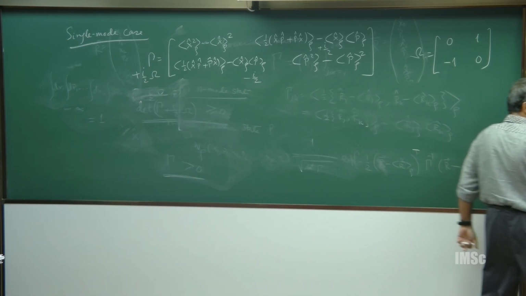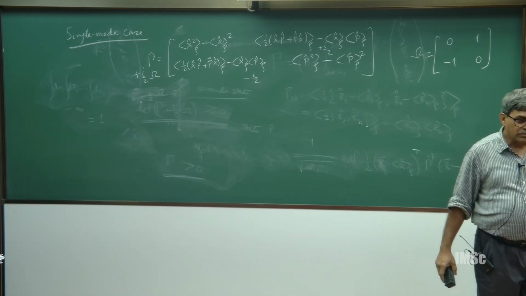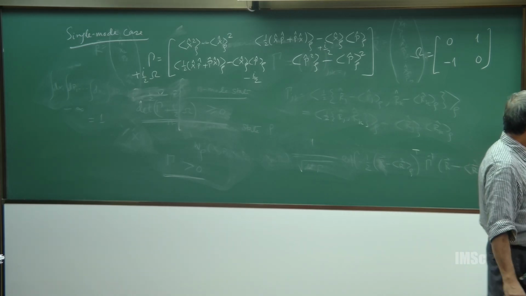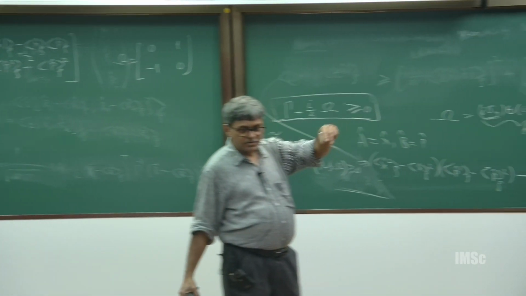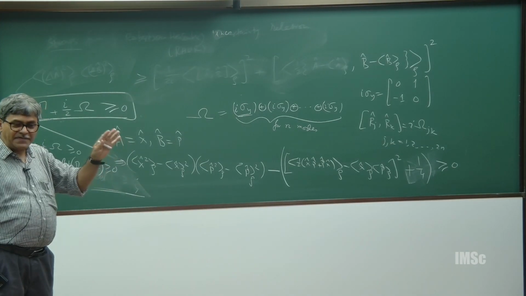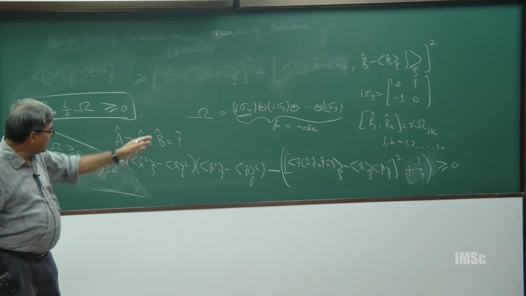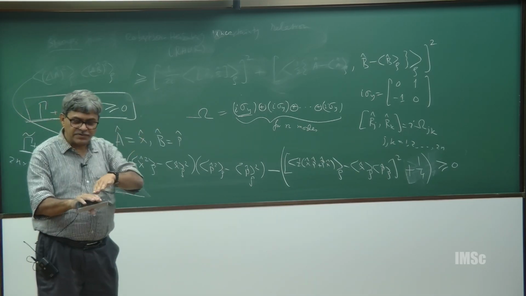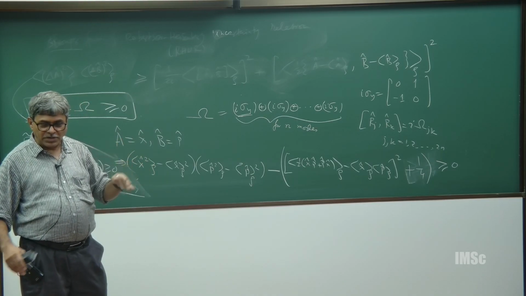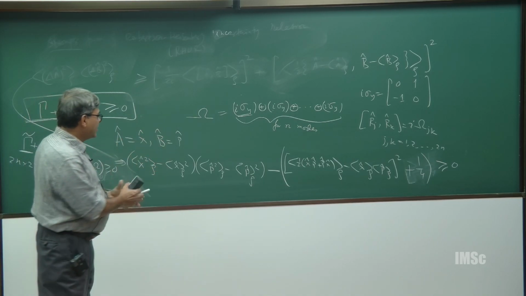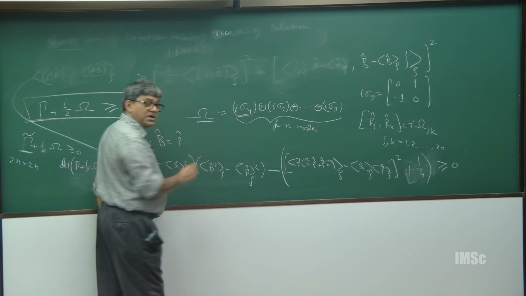Does that take us to the direct sum or the tensor product? I have written direct sum because it is a block diagram. Actually, in this way it is a tensor product of n single mode Hilbert spaces. This is a 2n by 2n matrix, right? Yes.